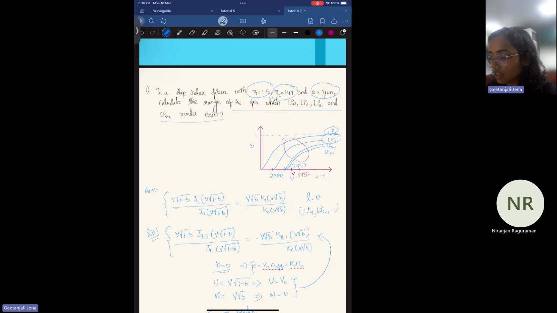But for the third cutoff, we can see there are two guiding modes, LP02 and LP21, which have cutoff around 3.8317. So that means if V value is greater than 3.8317, it's not like three modes will be guided, it's like four modes will be guided. So the step index fiber cannot allow guiding of three modes. It always allows guiding of four modes whenever the V value is greater than 3.8317. So this is the conceptual one.